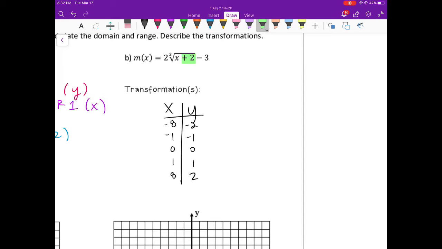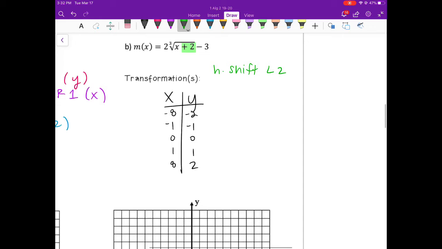So our x's are going to be transformed because we have a horizontal shift left 2, because h is a -2. So that is going to move our x's to the left 2. So we subtract 2 from each x coordinate. -10, -3, -2, -1, and 6.